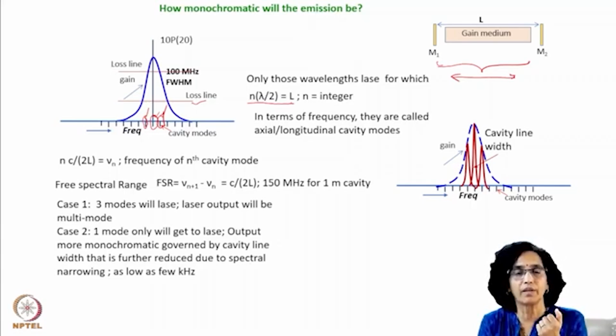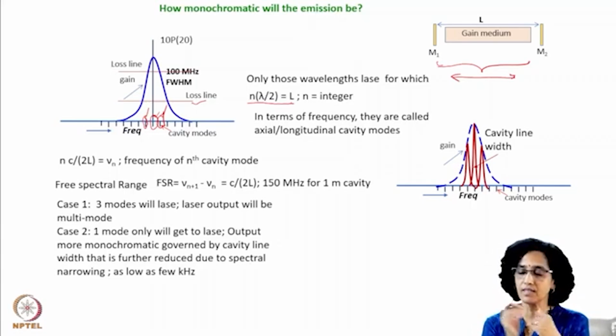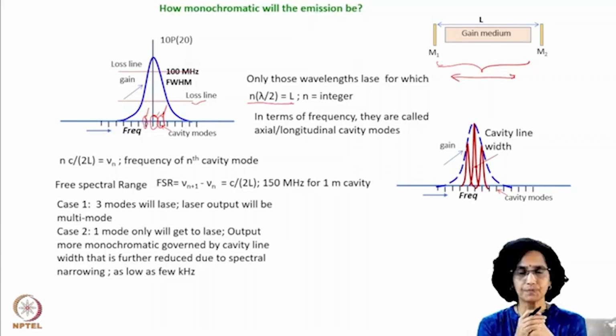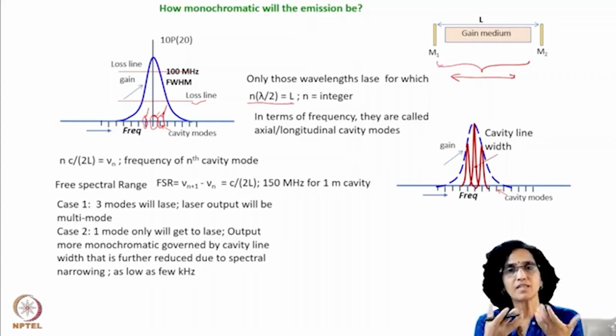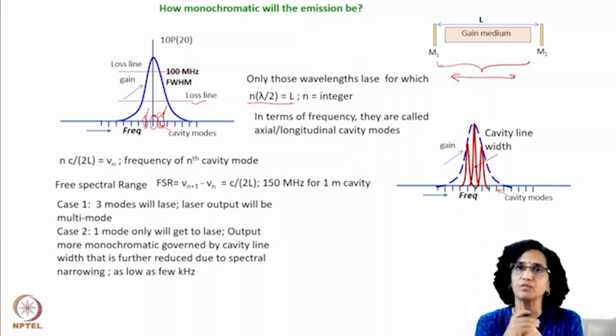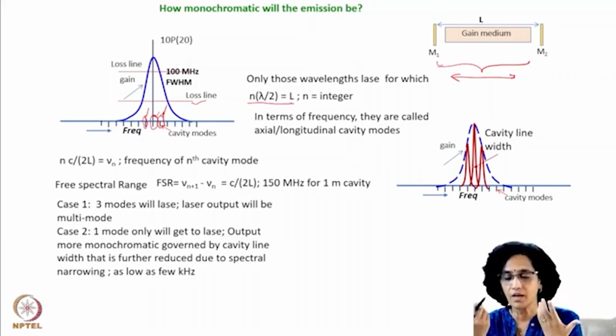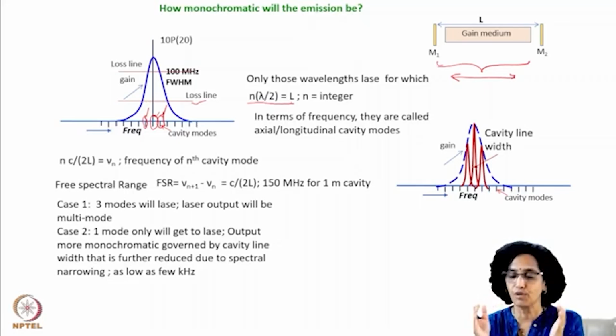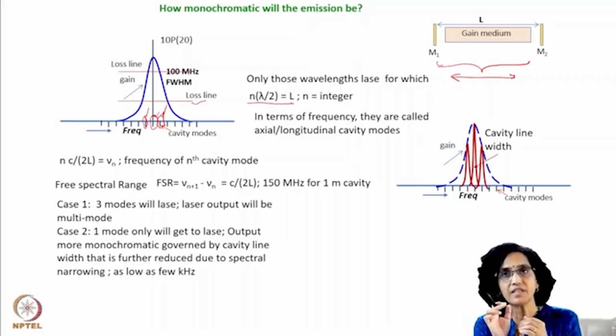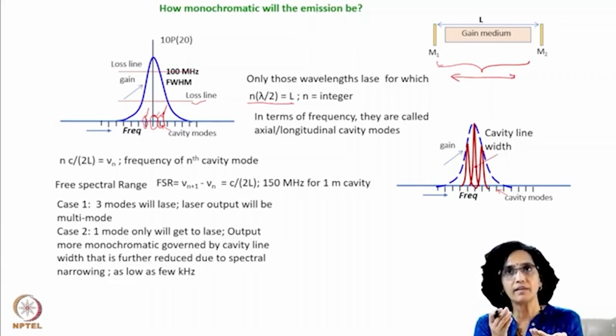cavity line width broadening. When you have photons inside a gain medium, they cannot be there forever. There is a time associated with it, because the cavity photons are lost through transmission through one of the windows or scattering or some other process, and therefore there is a definite lifetime of the photons inside the cavity. Because of this delta t, there is also an associated delta nu.